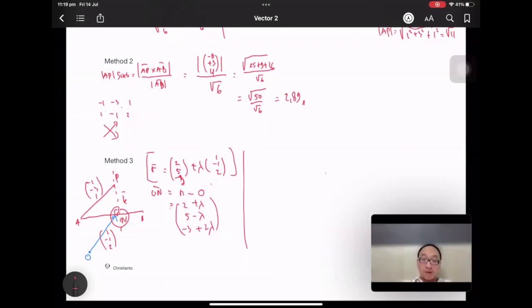This is ON. But now we have to find k. k is the perpendicular vector, which is PN. So what is PN? PN is N minus P. So N is 2 plus lambda, 5 minus lambda, -3 plus 2 lambda, minus P. What is P?